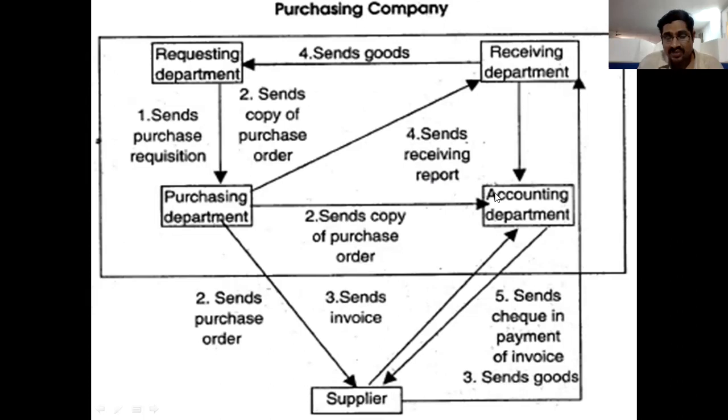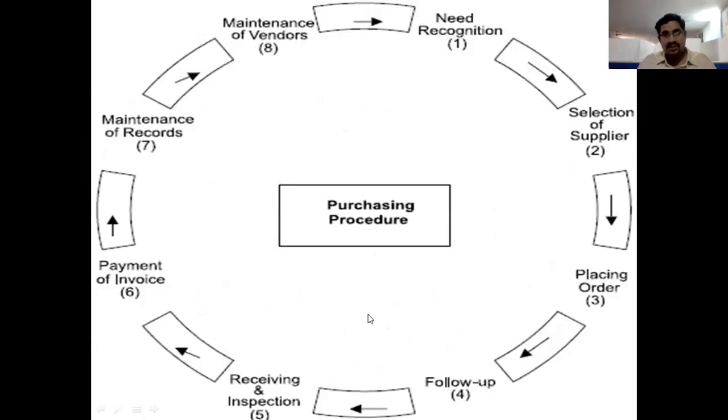The financial department will pay the payment to the suppliers. After receiving a copy and the invoice bill from the purchase department, only then will the accounts or financial department pay the supplier. This is all about the process.